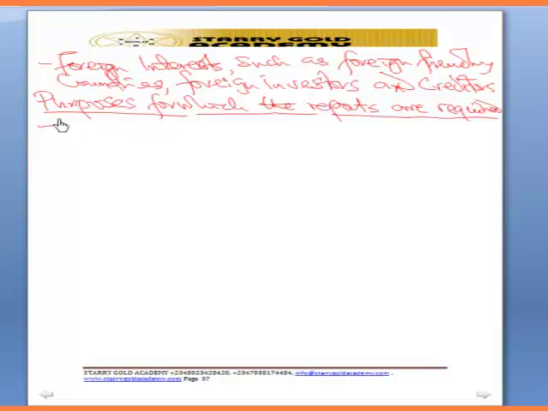Number one purpose is planning, that is, to serve as a basis for planning. Why do they require this information?